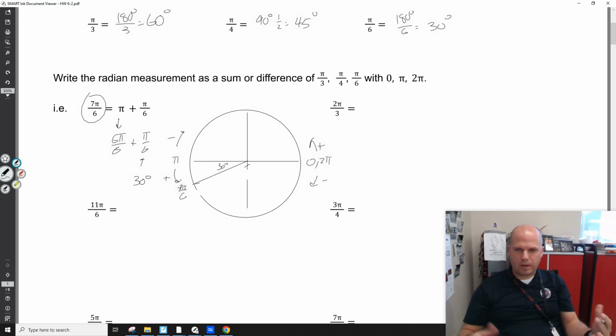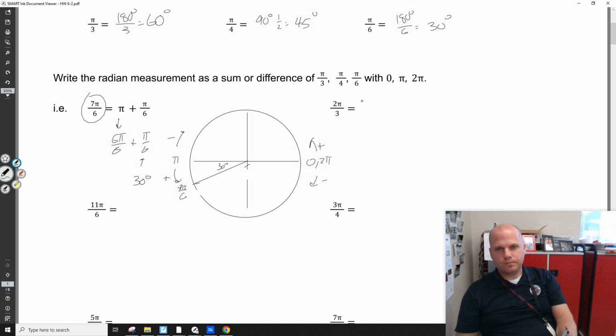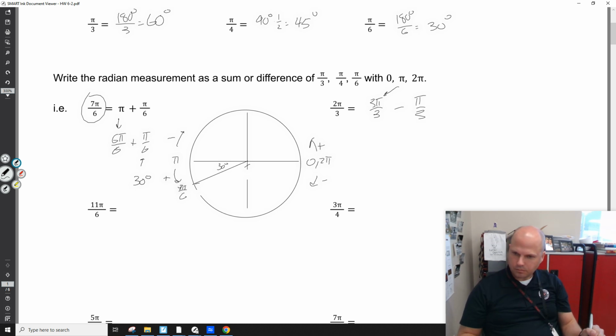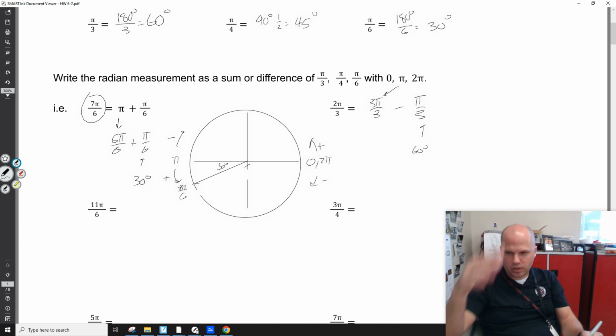What about 2 pi over 3? Well, I know 3 pi over 3, which is pi, minus a pi over 3, is equivalent to 2 pi over 3. I know that pi over 3, dividing by 3, is going to create a larger value than dividing by 6. Pi over 3 creates 60-degree angles, which we kind of did up here.